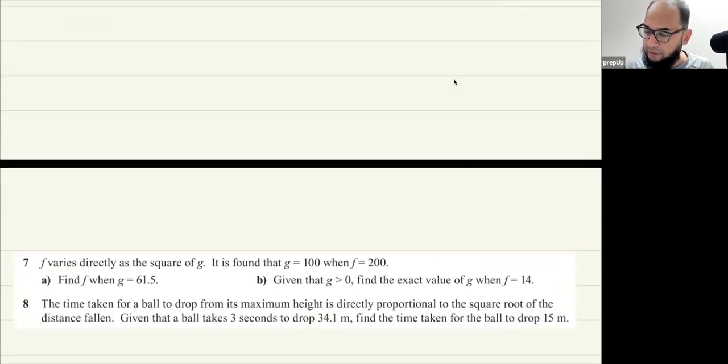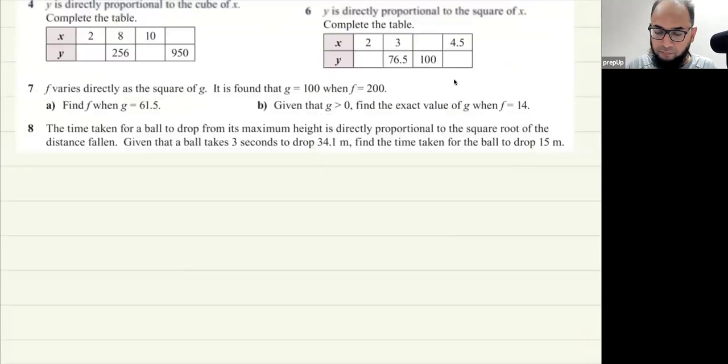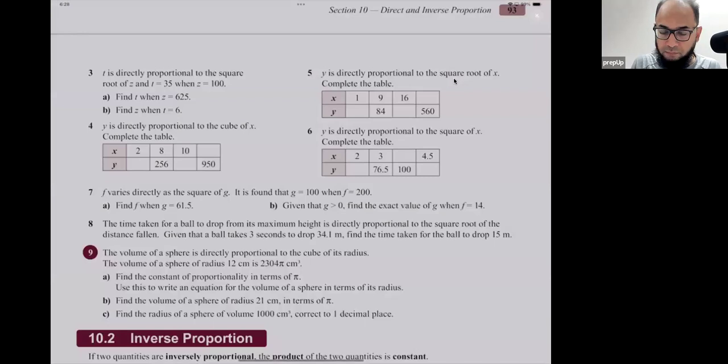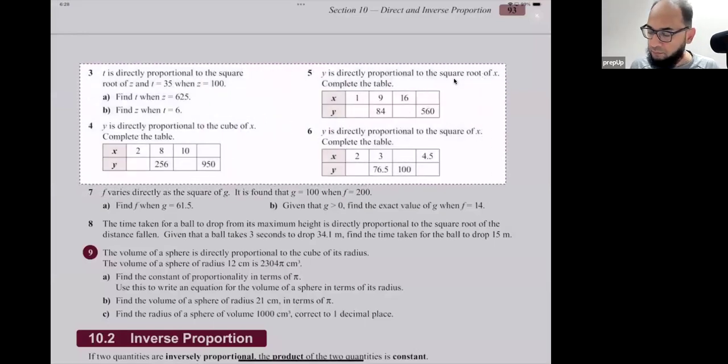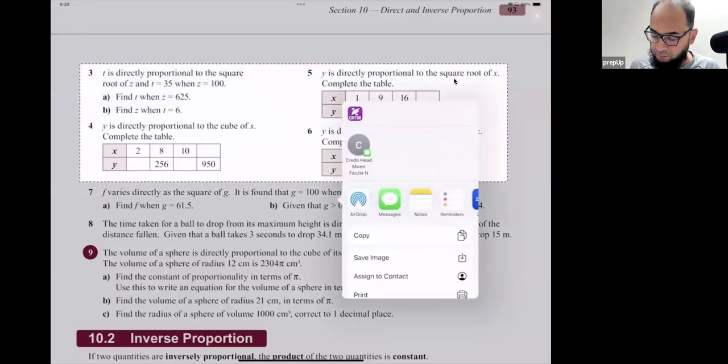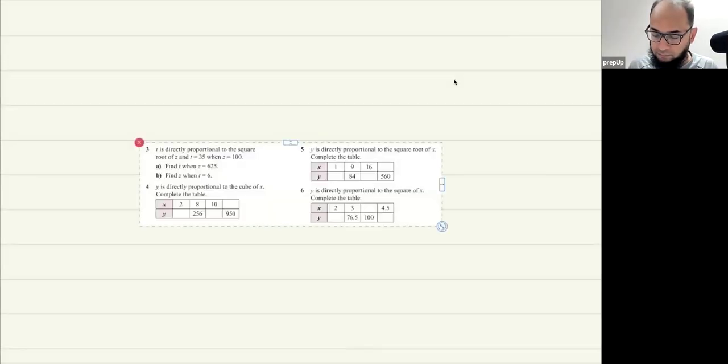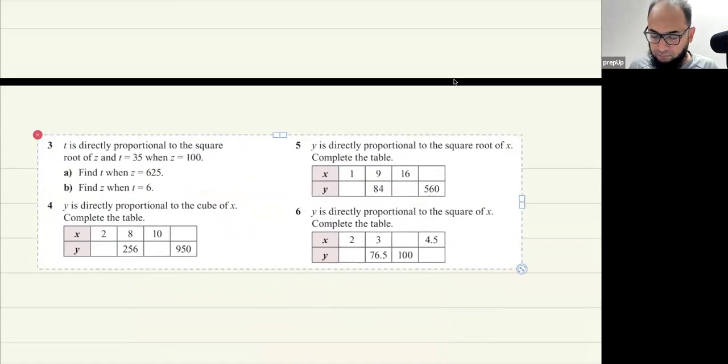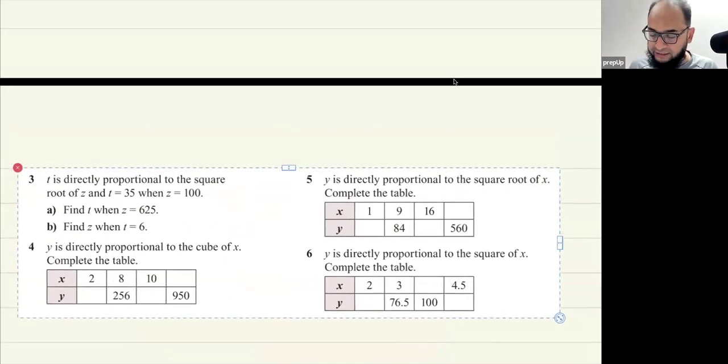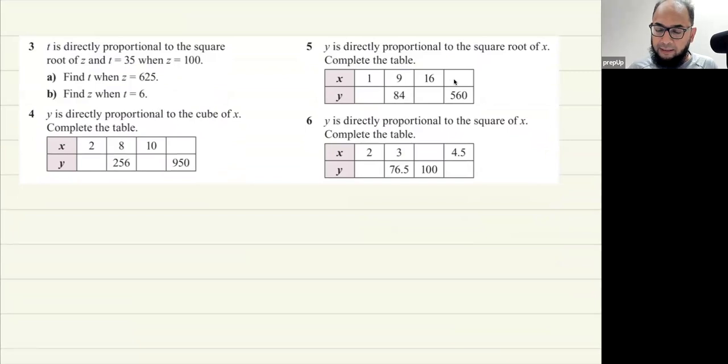Let me add another page over here. Okay, let's get started with this. Now the question over here is this. Question number, let's start with 4.